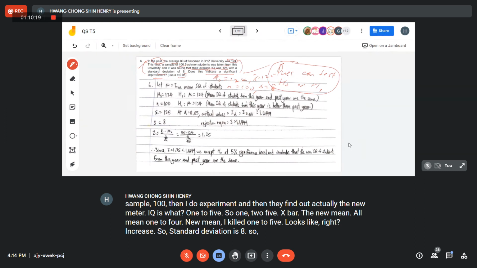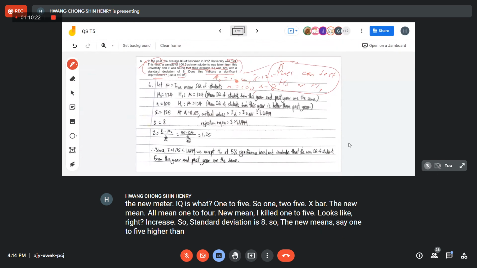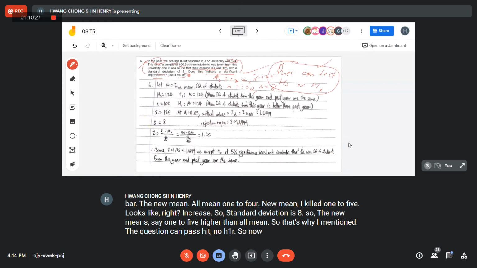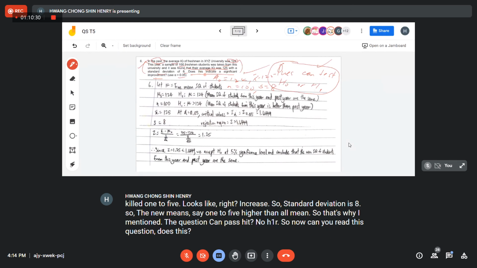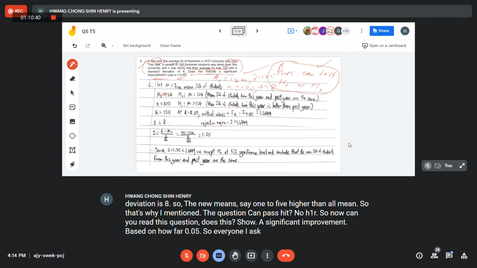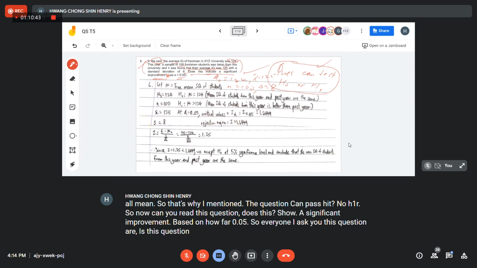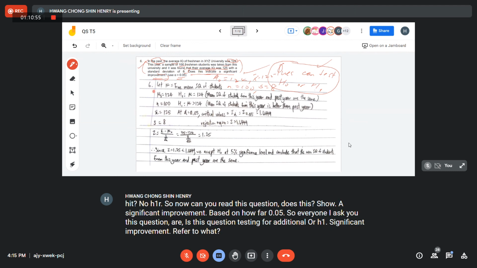So the new mean 125 is higher than the old mean. Just like I mentioned, the question can test H0 or H1. Now can you read this question? Does this show a significant improvement based on alpha 0.05? So everyone, I ask you: is this question testing for H0 or H1? Significant improvement refers to what? IQ.